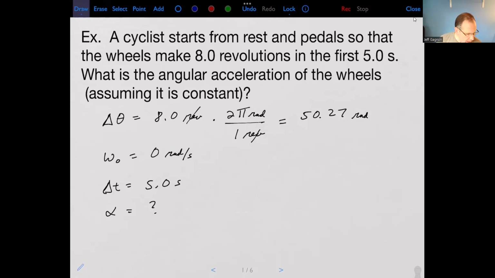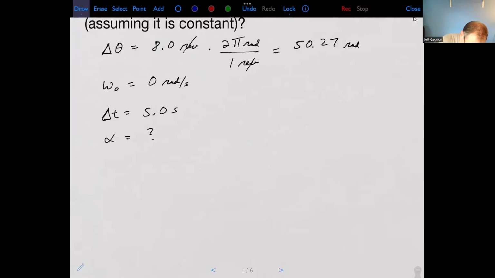All right, so if we look at our constant angular acceleration equations, is there any equation that involves all these variables where the only unknown is alpha? Yes, this one: delta theta equals omega naught delta t plus 1/2 alpha delta t squared.